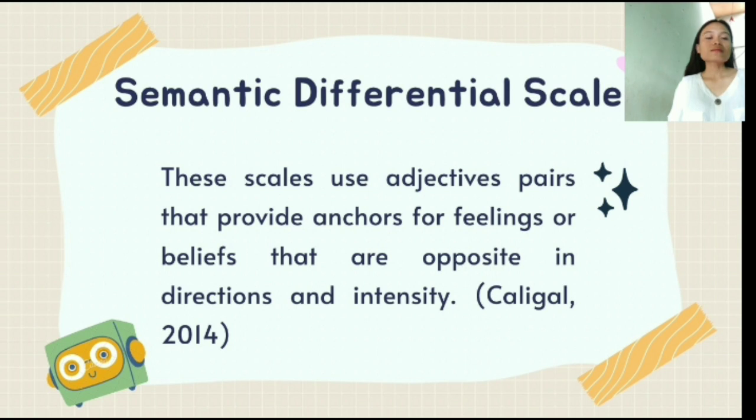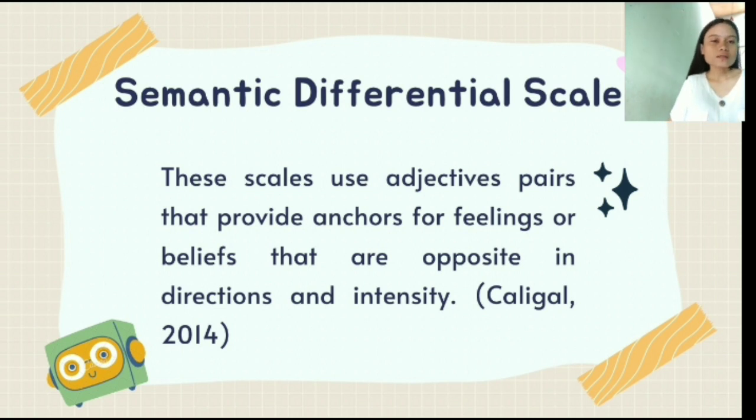And according to Kajigal, 2014, these scales use adjective pairs that provide anchors for feelings or beliefs that are opposite in direction and intensity. It is attitudinal and is considered a very reliable way for us to get information on emotions and reactions on a wide variety of subjects.